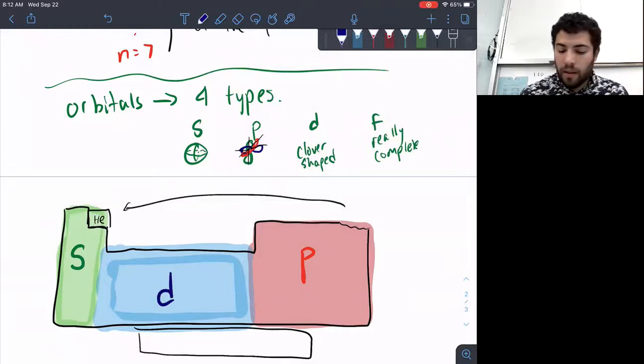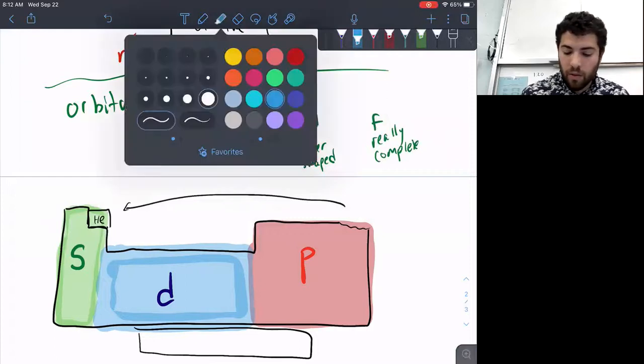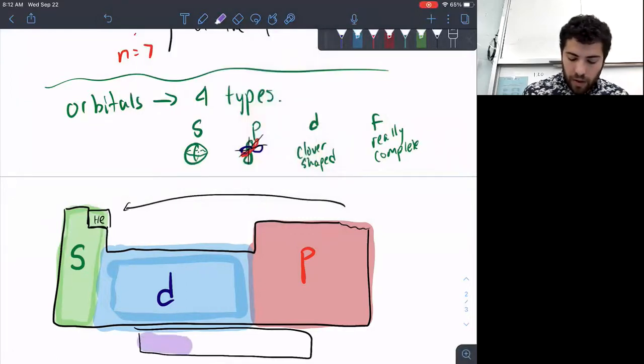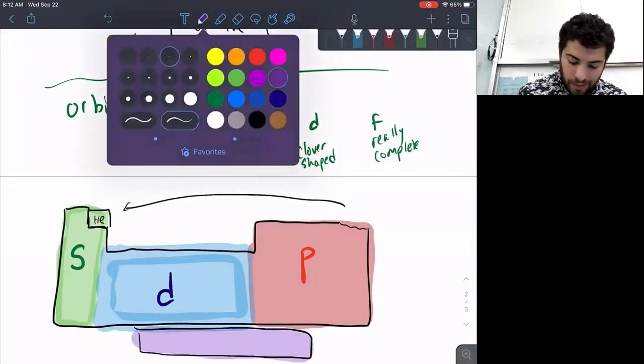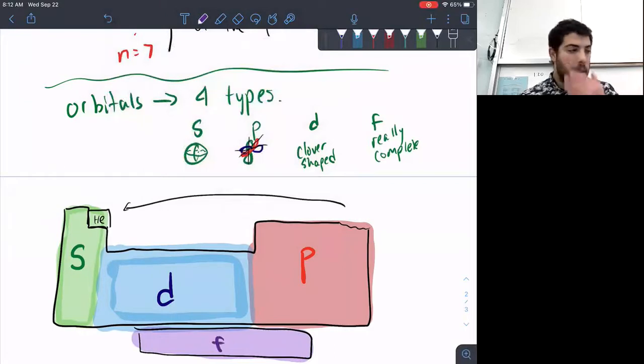And last but not least, we have this lone zone down here, the lanthanides and actinides, and that is our f orbital section. So I'm going to refer back to this diagram a lot. Right now, I just want to put it in your minds, and then we're going to come back to it.